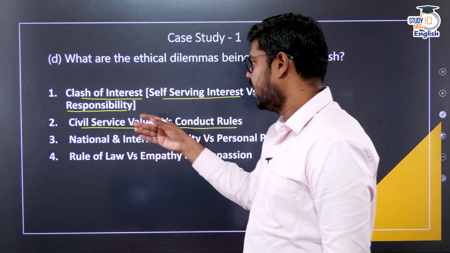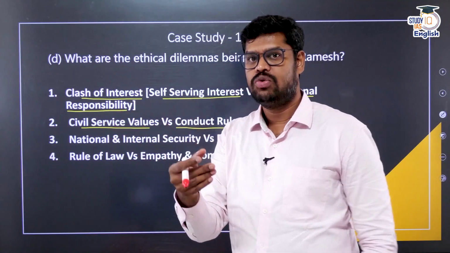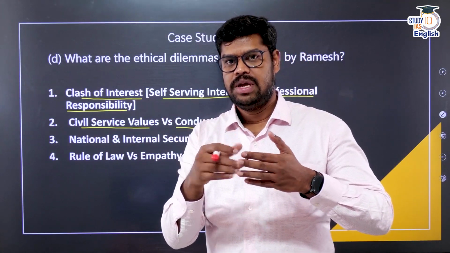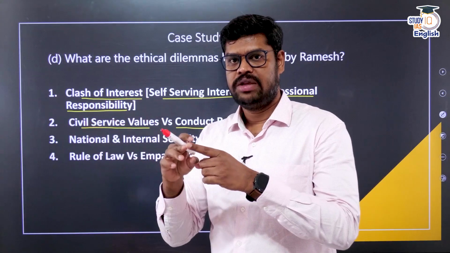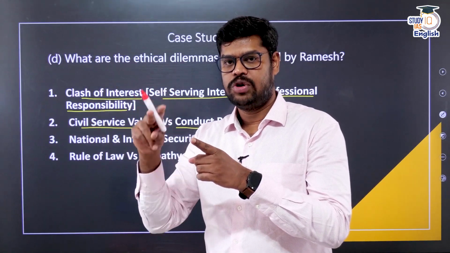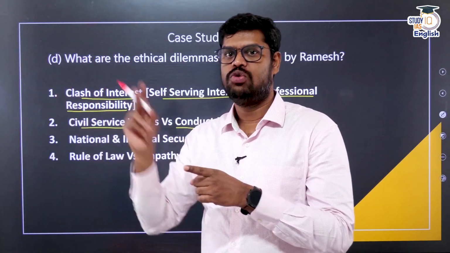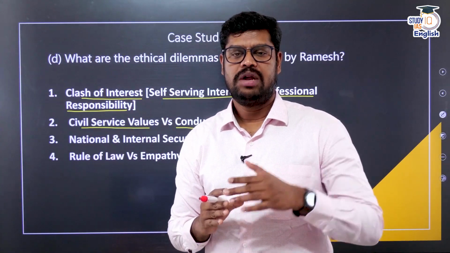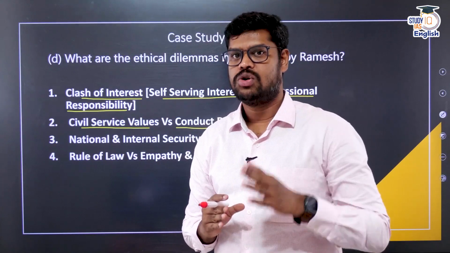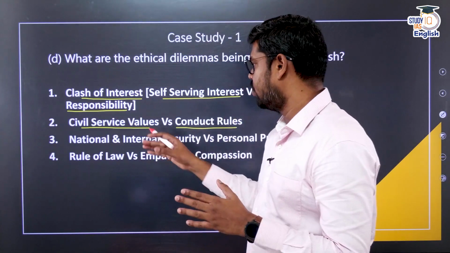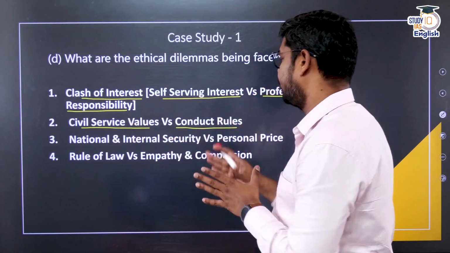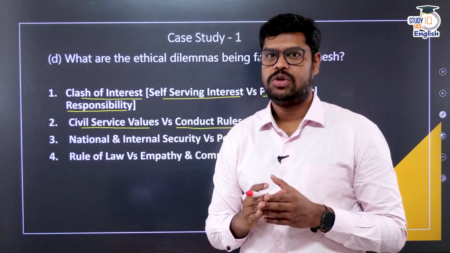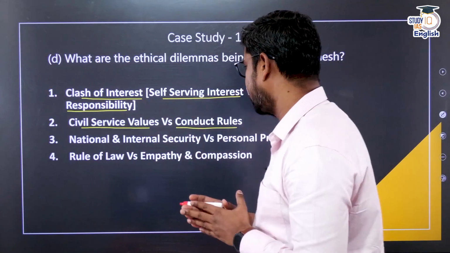So if he is dedicated to his job, which is to protect against the infiltration, but at the same time, to do that, he is level jumping, bypassing a senior and going to another senior, it may go against his conduct rules, or if he is releasing it to the media, it may go against his conduct rules. So whether I uphold my civil service values or violate my conduct rules in the line of performing the duty, that is again a conflict.